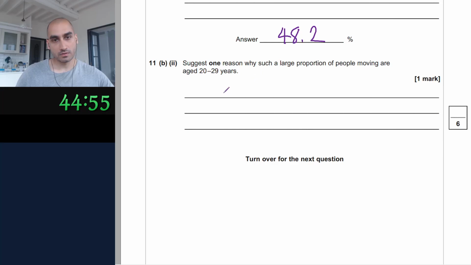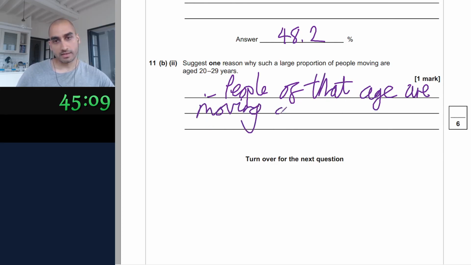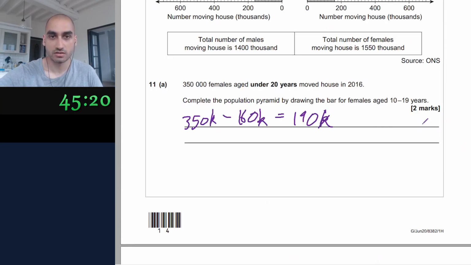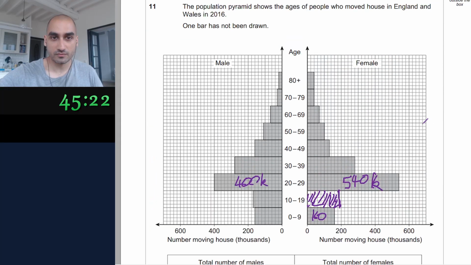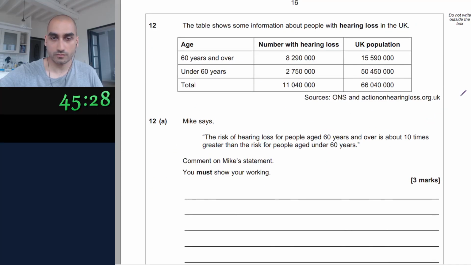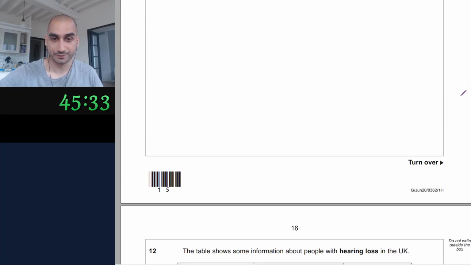So people of that age are moving out of parents' houses. I mean, if they can afford to in this day and age. Good luck with that. Probably easier to move to Thailand.